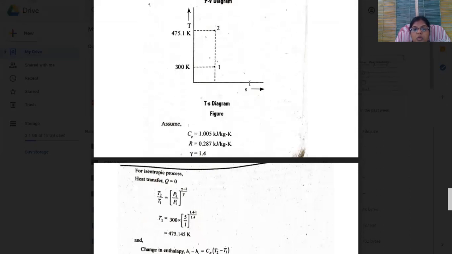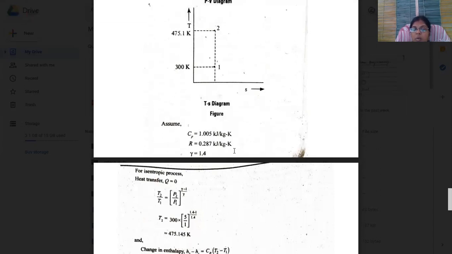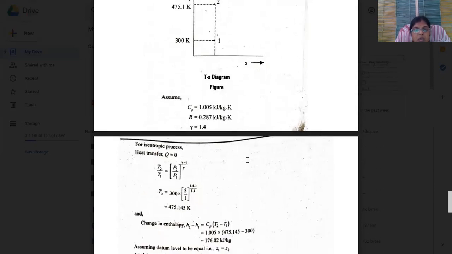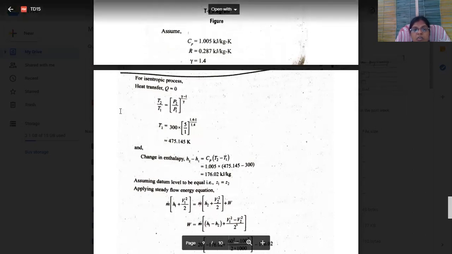Already I told you, sometimes those values are not given, so you have to remember them. Cp is equal to 1.005 kilojoule per kg Kelvin, R is the characteristic gas constant 0.287 kilojoule per kg Kelvin, and gamma is equal to 1.4, the specific heat ratio or adiabatic index. For an isentropic process there is no heat transfer.